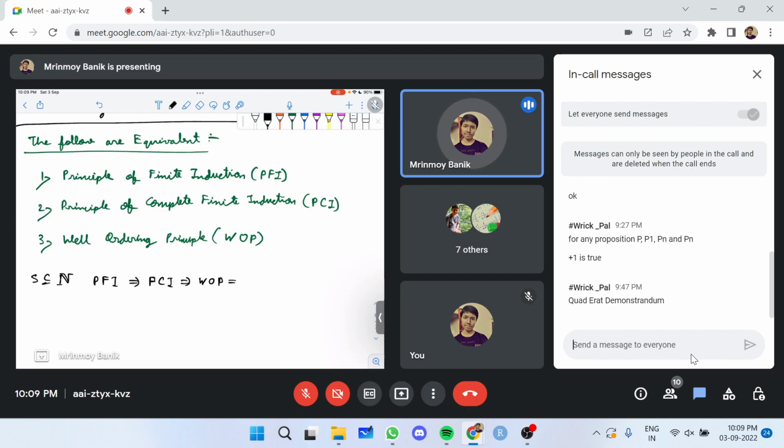And similarly, WOP also implies PFI. All the 3P2 implications are true, actually 3P2, not 3C2, which equals twice 3C2.